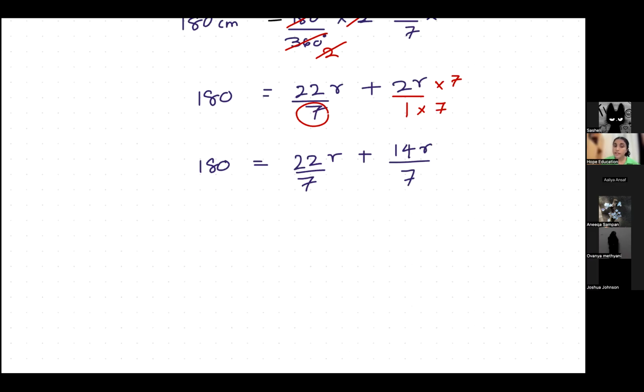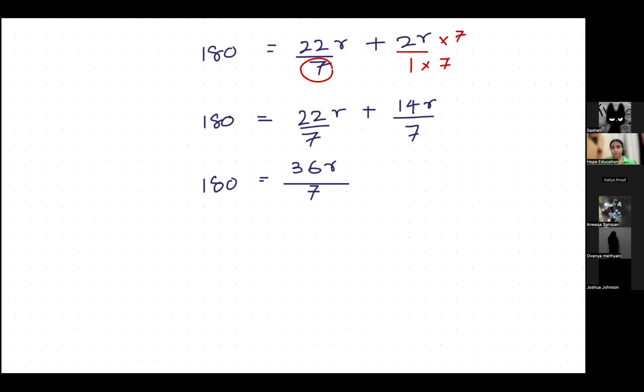When you have a common denominator, children, how lazy, to add the fractions. The common denominator of both is the denominator of the answer, and we add the two numerators. 22r plus 14r would be 36r, right? 2 plus 4 is 6, 2 plus 1 is 3. Then I swap the sides and write. Same thing, no? 36r divided by 7 I write on this side, 180 I write on this side.